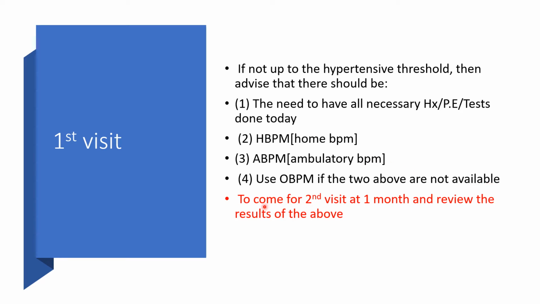Okay, then we will advise the individual to come for the second visit 1 month after, and we will review the results of home BP, ambulatory BP, compare that to the office BP. We'll see how we can make diagnosis based on the following in a bit.